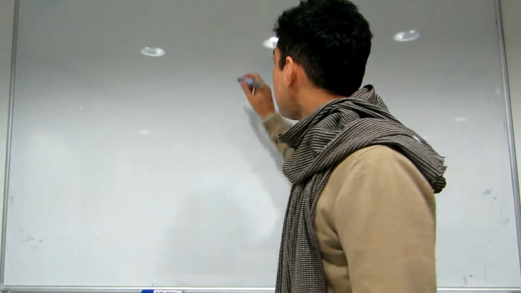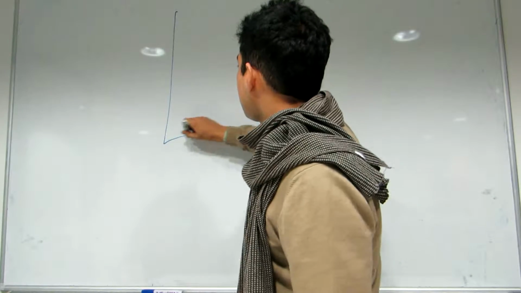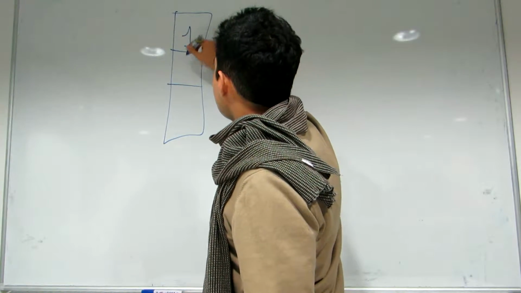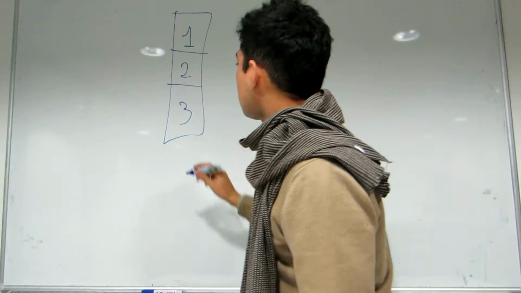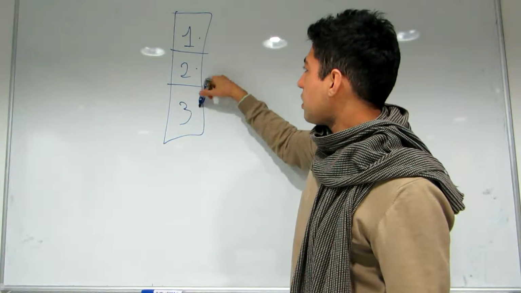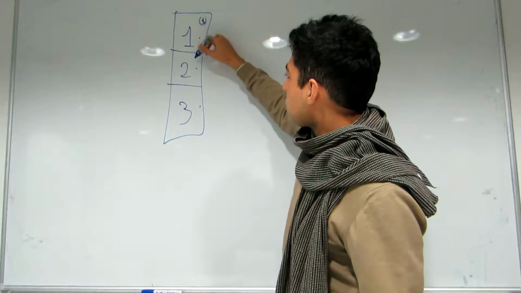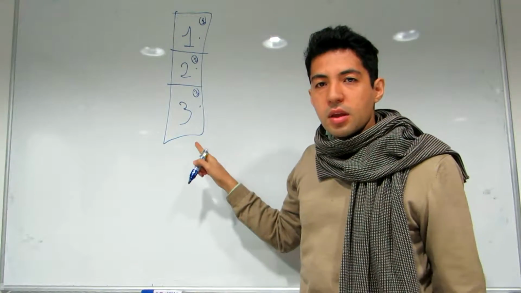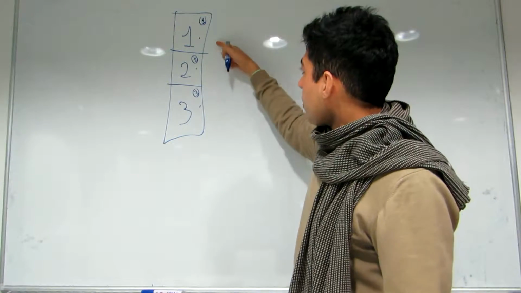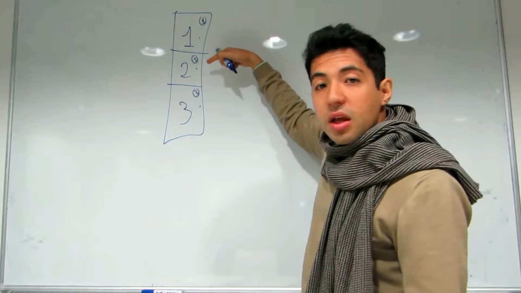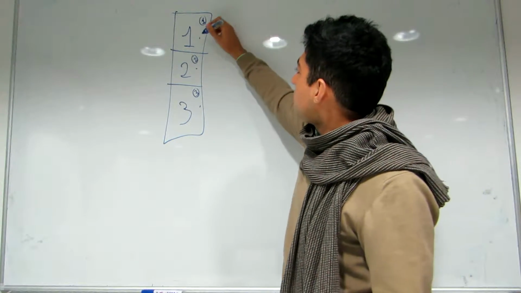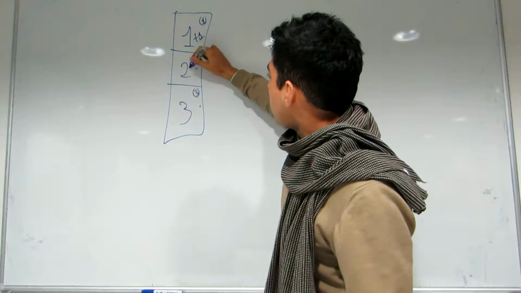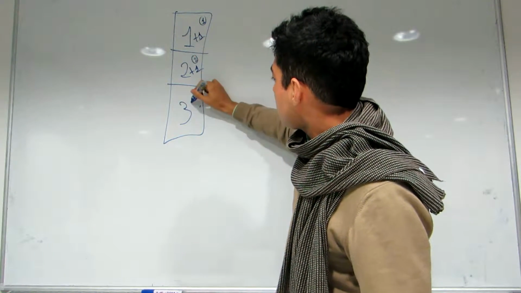So for example, I've got an array of 3 numbers: 1, 2, and 3. This is the first element, this is the second element, and this is the third one. And I want to add 1 to each element, just add a number, right?